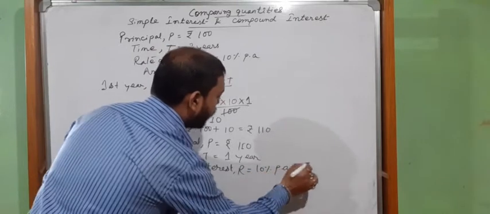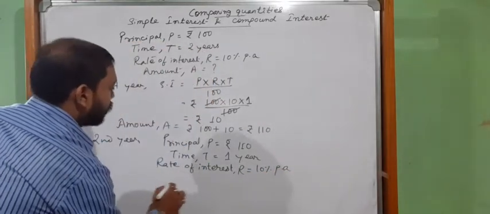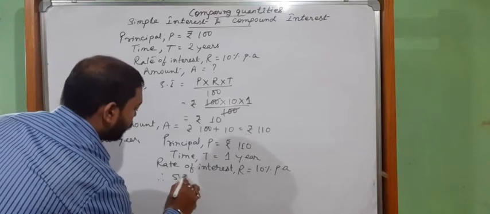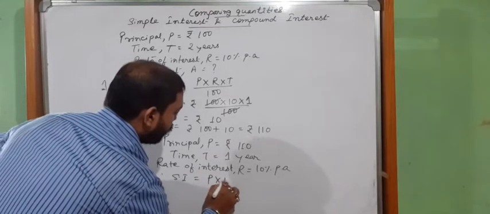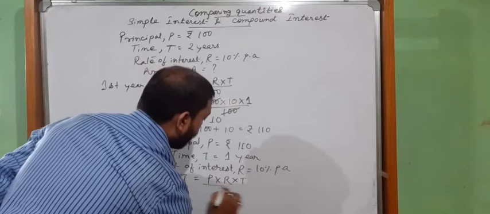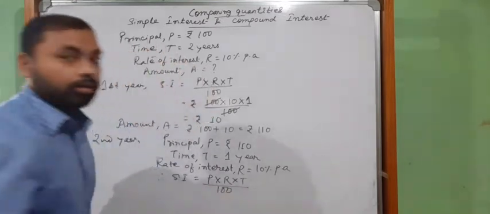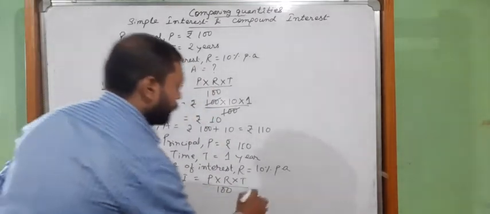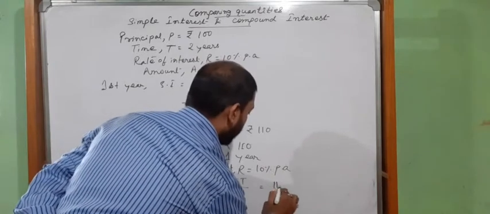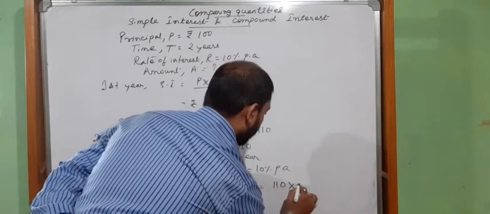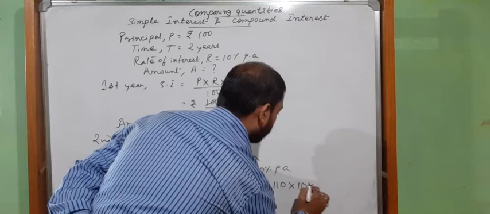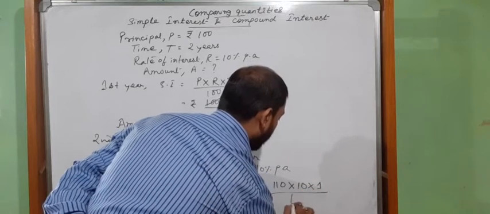So let us calculate the SI. SI is equal to P into R into T by 100. Now let me put here, principal will become 110, rate is 10, time is 1, divided by 100.